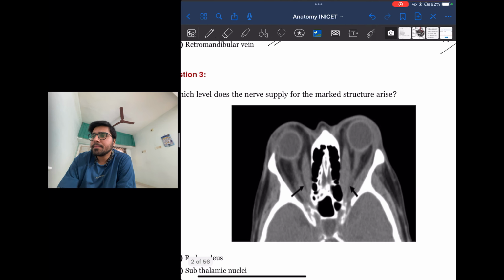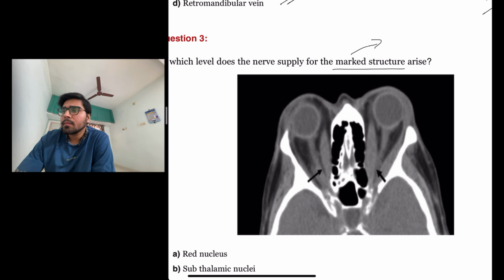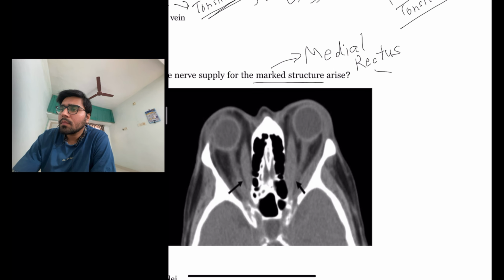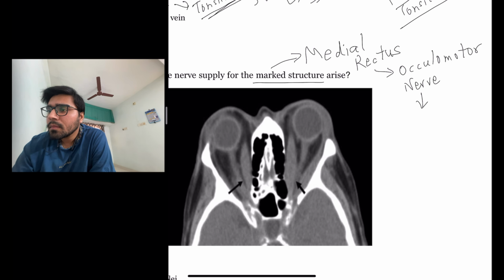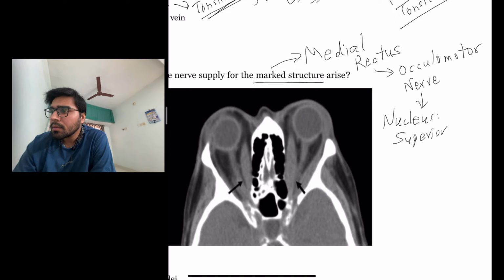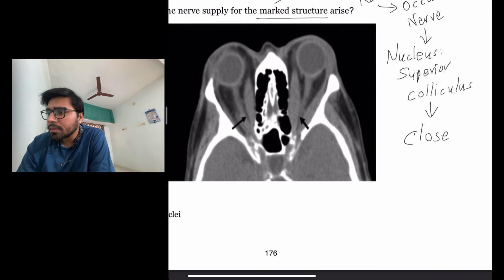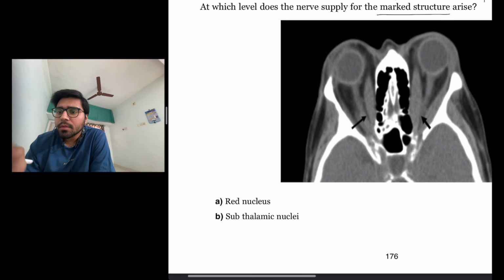So the marked structure here is the medial rectus, which is supplied by the oculomotor nerve, the nucleus of which is situated at the level of the superior colliculus, which is close to the red nucleus. So the answer here is A, red nucleus.